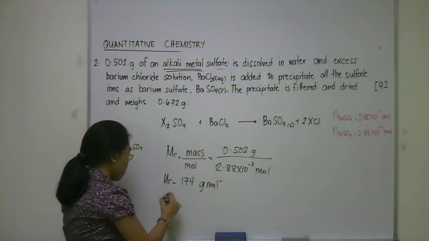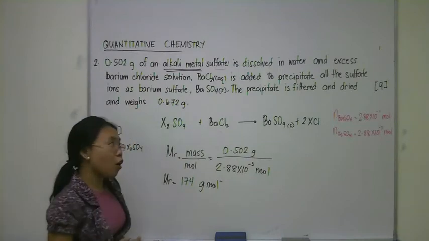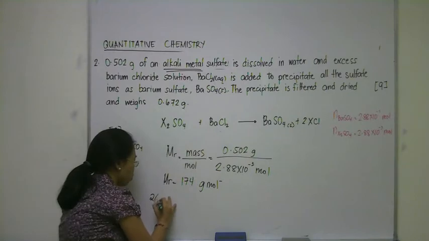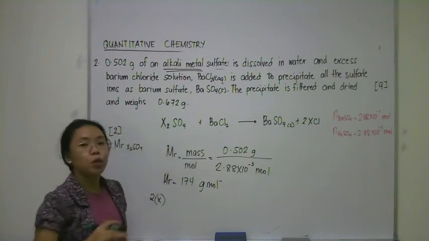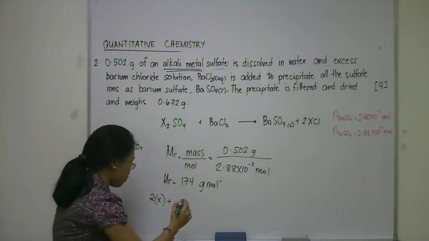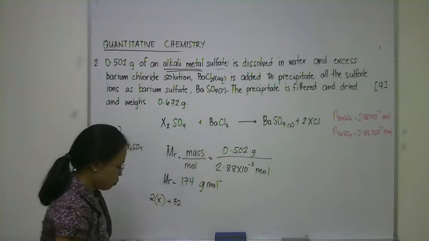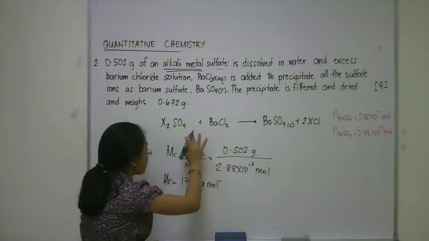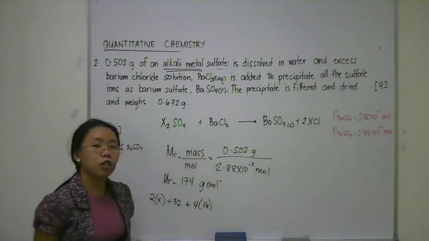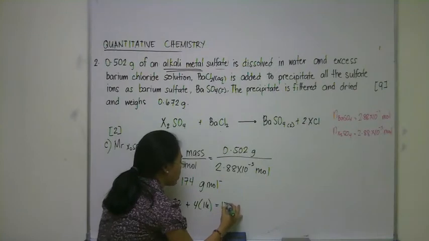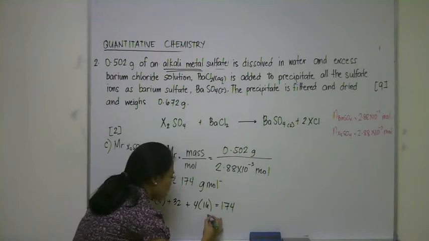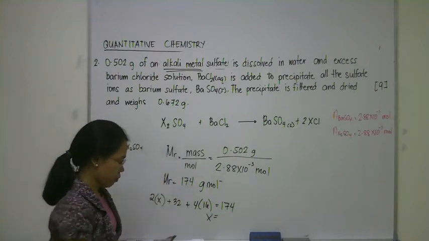So to calculate the AR of your alkali metal, we have 2 times X, since we don't know the AR, plus the AR of sulfur, which is 32, plus 4 times 16 for the oxygen. Total is 174.